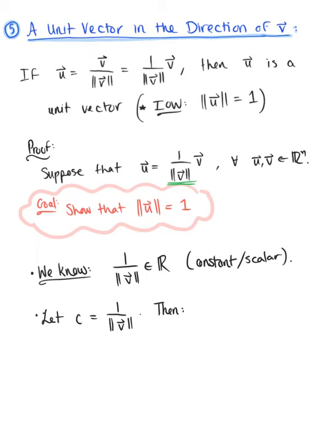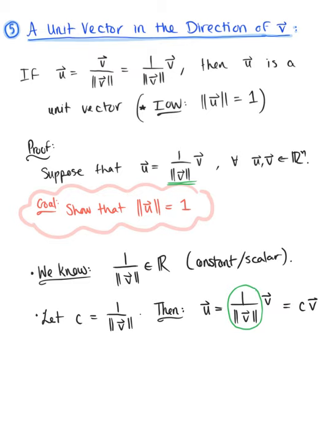Then we can rewrite vector u, which we have previously defined as 1 by the magnitude of vector v multiplied by vector v. We're now going to replace 1 by the magnitude of vector v with c. So we have c, our scalar, multiplied by vector v. Alrighty.